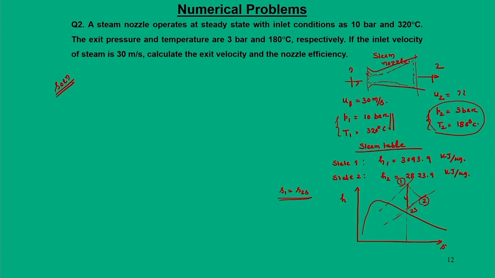Now for this P1 and T1, I can find S2S as 7.1962 kilojoule per kg Kelvin, and for this value we can find H2S.